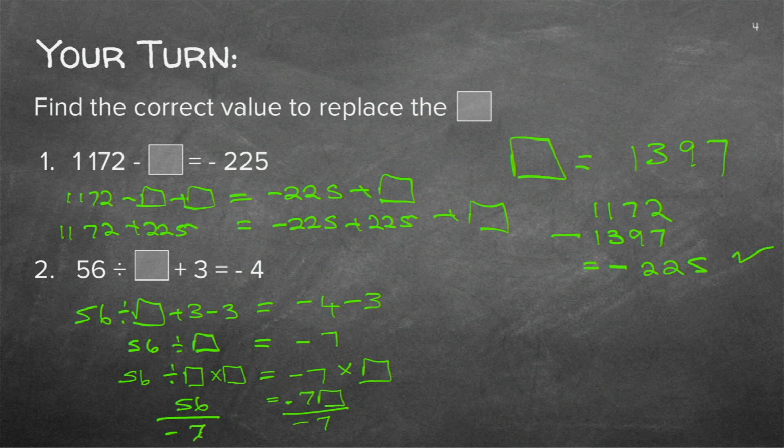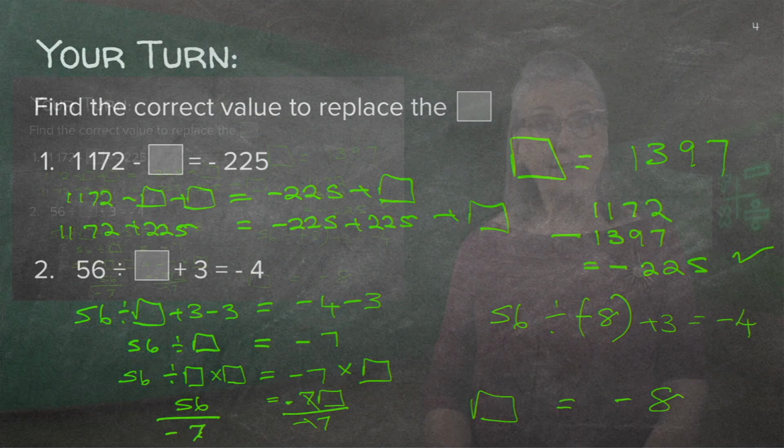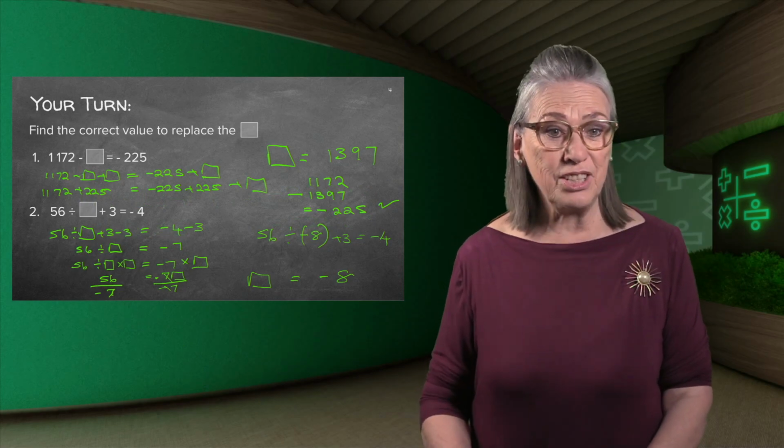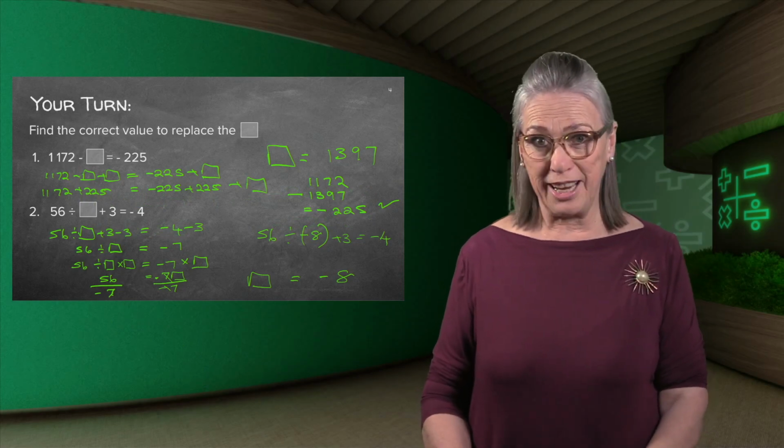So here we've got our block equals minus 8. Right, and if you want to check your answer, you go 56 divided by minus 8, put it in parentheses, put it in brackets so that you don't get confused, plus 3 equals minus 4. And you can work this out and check your answer and see if we are correct.